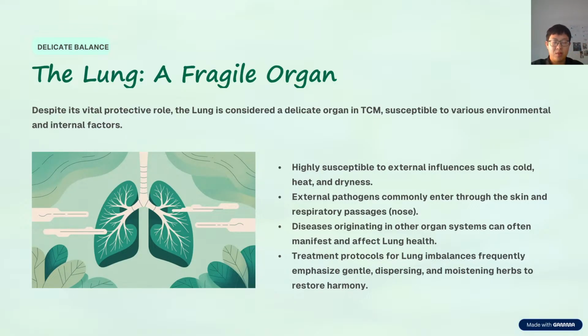We all know about SARS, COVID-19, a lot of epidemic diseases. The first organ they attack is the lung. That's because the lung is exposed to the outside world, so the virus can easily go through into your body.